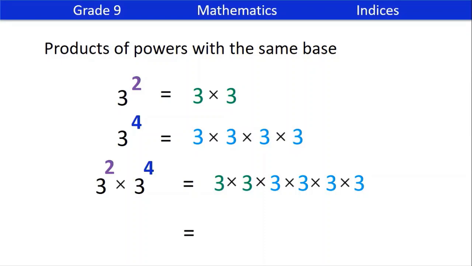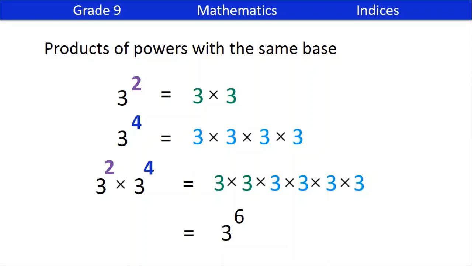There are 6 3's. So if you write it in the index notation, the result can be written like this, 3 to the power 6. So the answer for 3 to the power 2 multiplied by 3 to the power 4 is equal to 3 to the power 6.